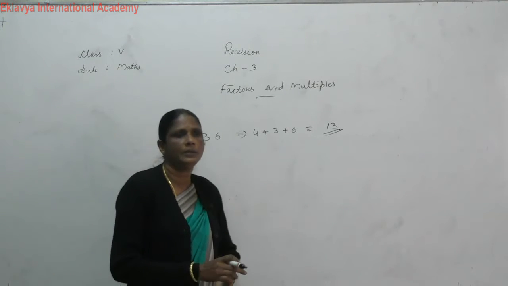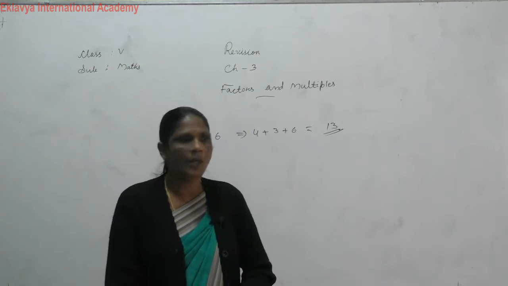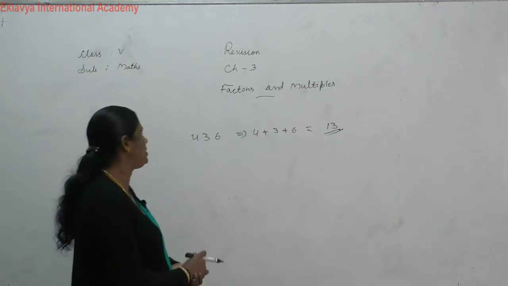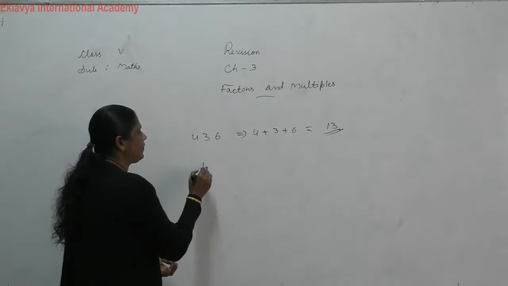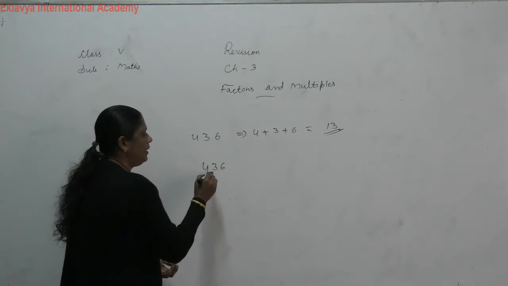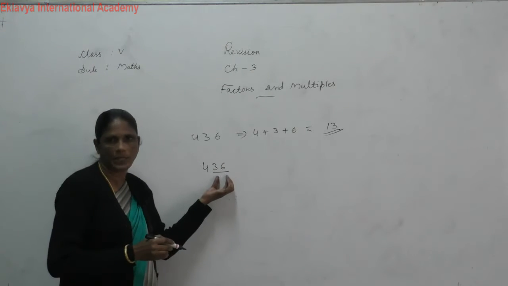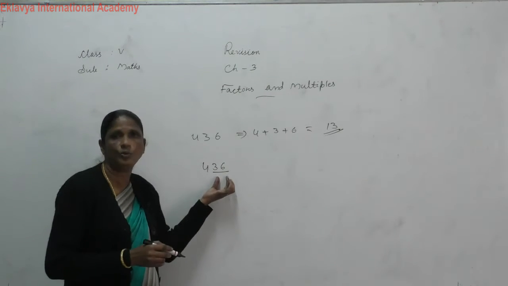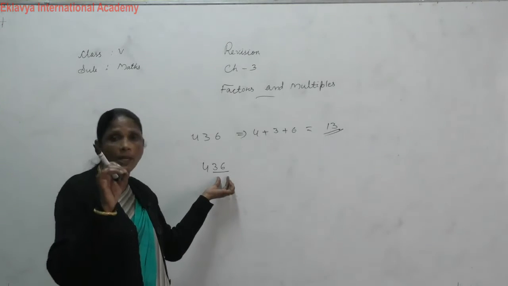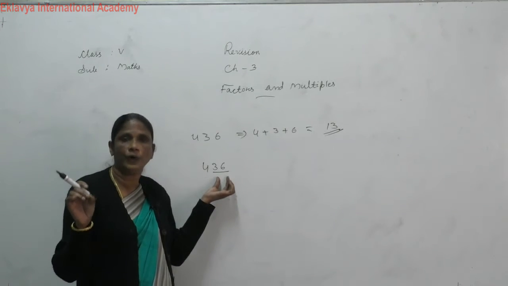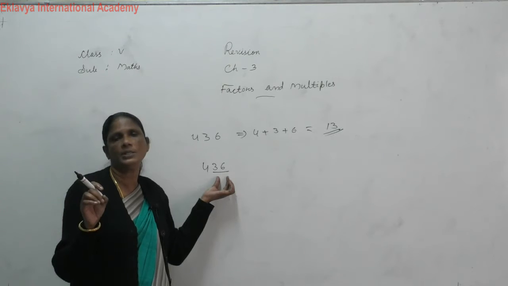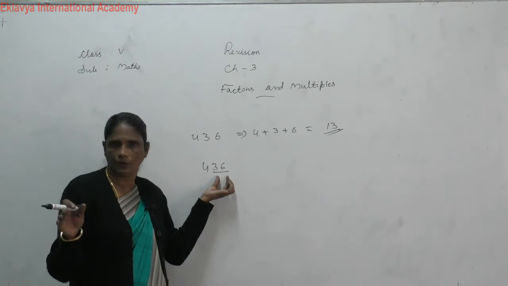Okay. Then divisible by 4. The last 2 digits, that is, in 436 the ones and tens place, if the last 2 digits are a multiple of 4, that number is divisible by 4. Understand?